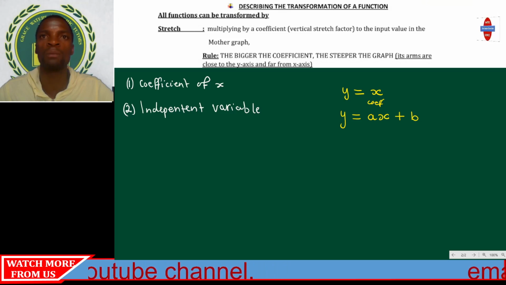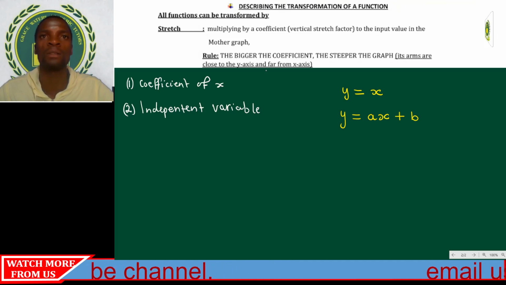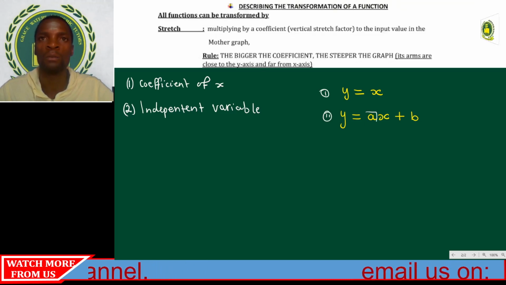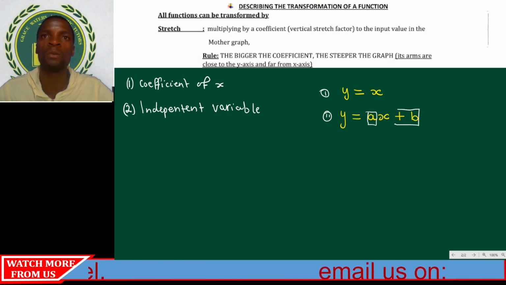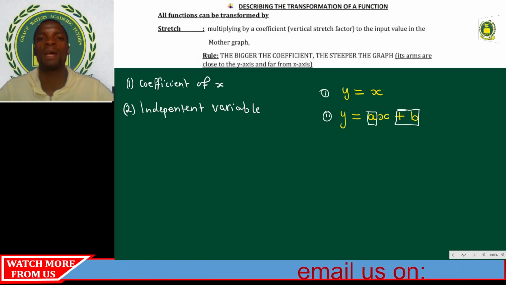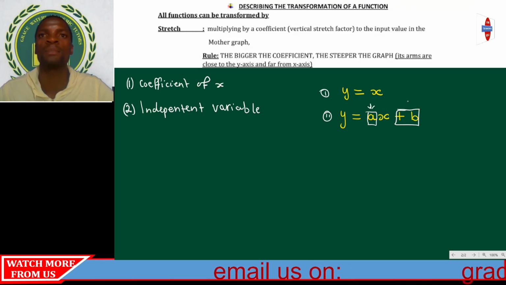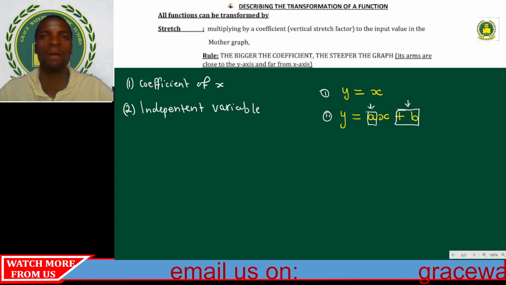This is what makes the difference between the first and the second function. So this one and this one are made different because of Mr. A and Mr. B. Okay, so we need to look at what effect putting a coefficient has, and what effect putting an independent variable has on our graphs.